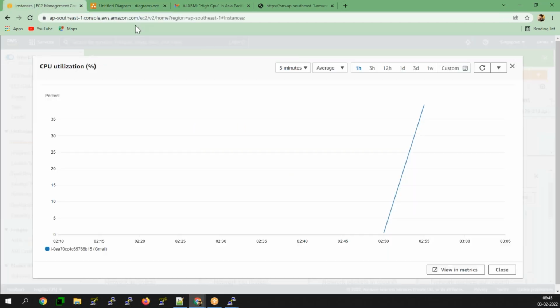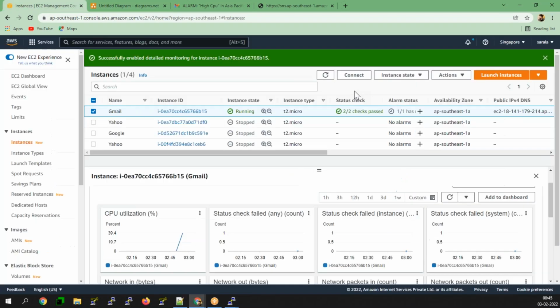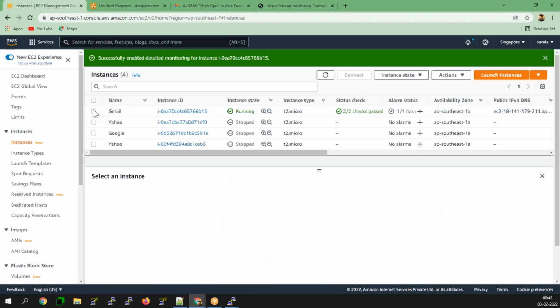That dashboard is going to be monitored by the respective SREs, the monitoring engineers, or the respective NOC engineers. Am I clear on this?